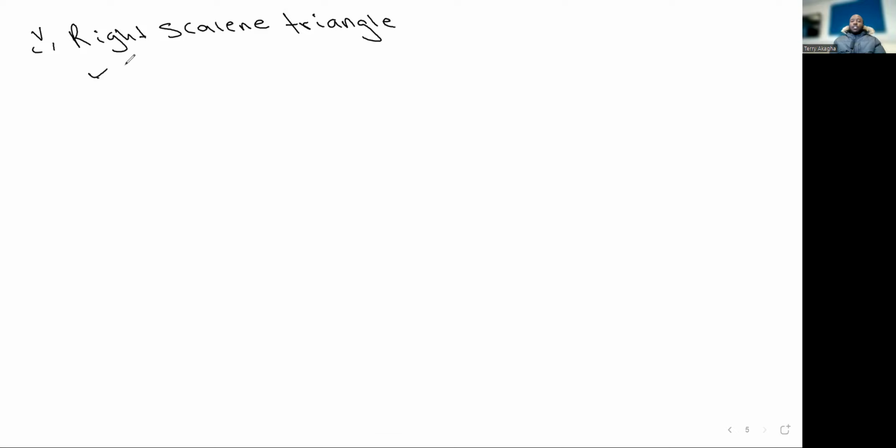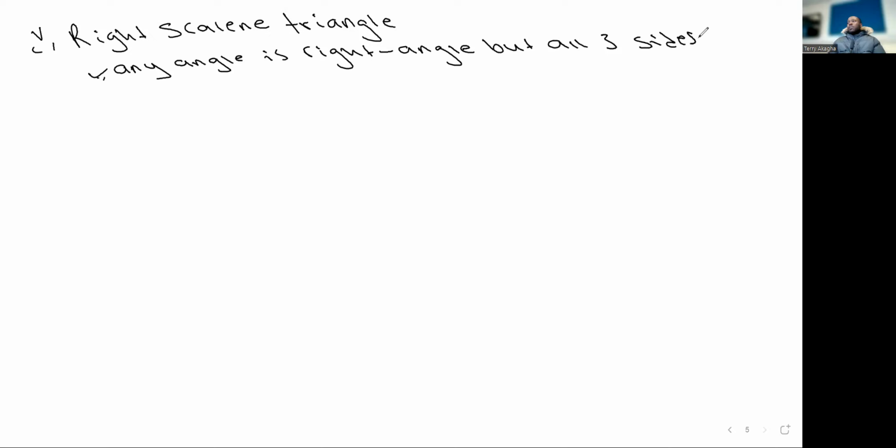So in the right scalene triangle, any angle is a right angle, but all three sides and three angles are not equal.